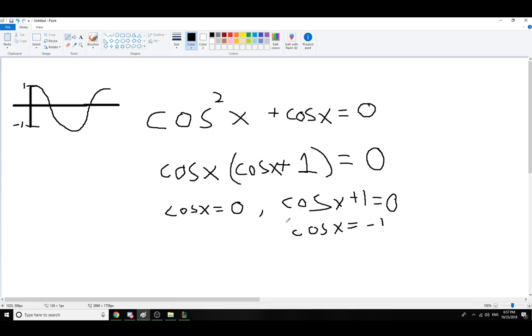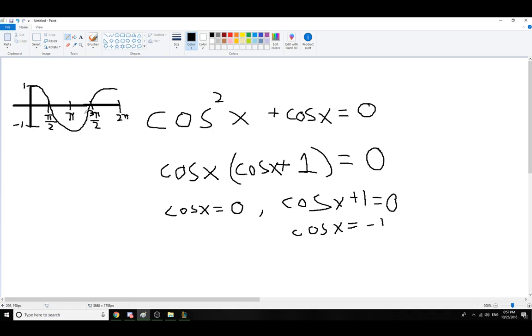Well, let's think about this. We have to find where it equals 0 and where it equals negative 1. So when does this equal 0? Well, if you remember this graph here, this line is pi over 2. This line is pi. This line is 3 pi over 2, excuse me. And this is 2 pi right here.